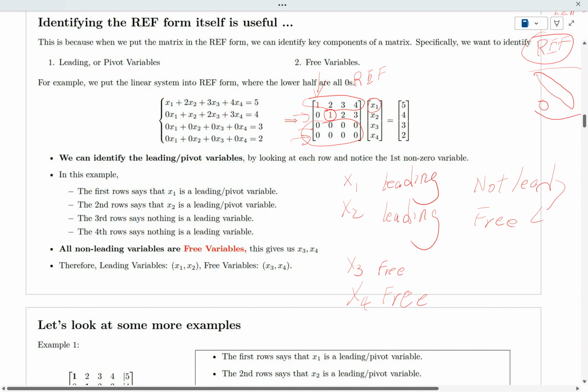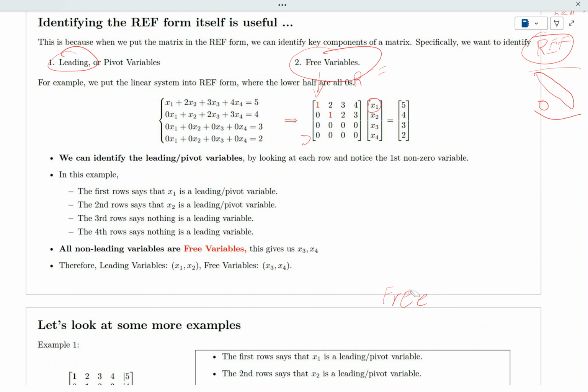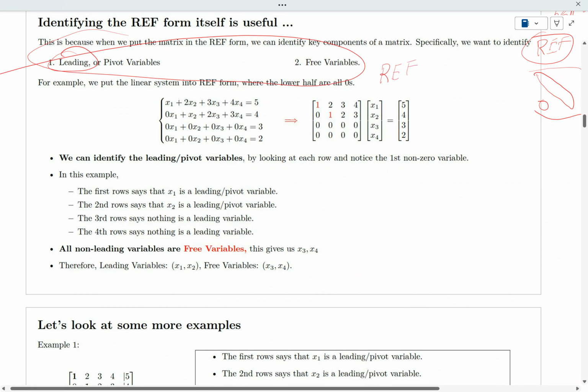So I just went through a kind of confusing way of how we can identify, out of x1, x2, x3, x4, which ones are leading variables and which ones are free variables. I want to do this one more time because there's a little bit of stuff you need to remember. Once you reach the reduced echelon form, you can start identifying these.